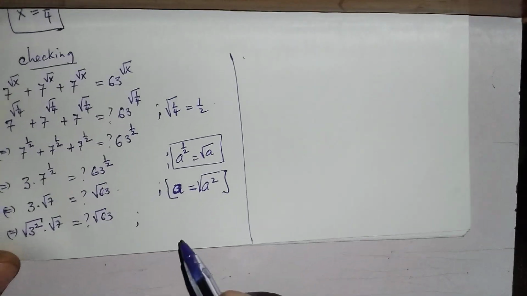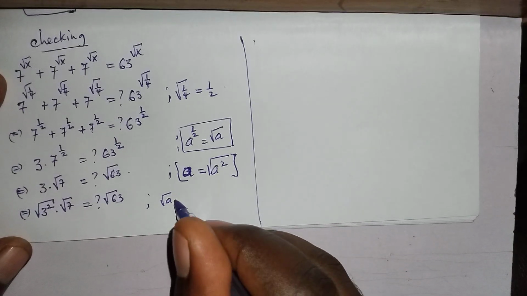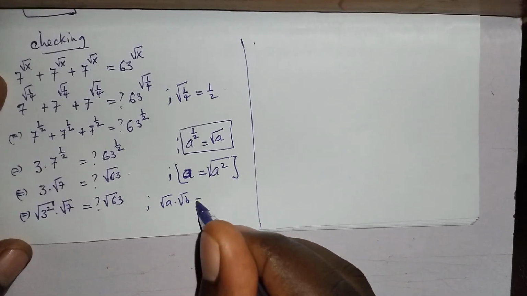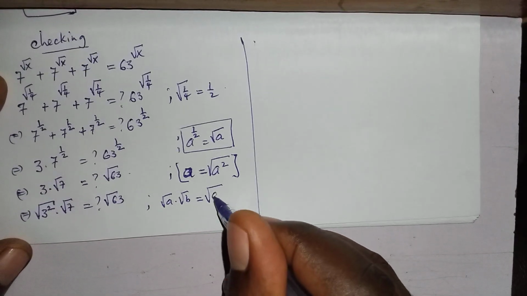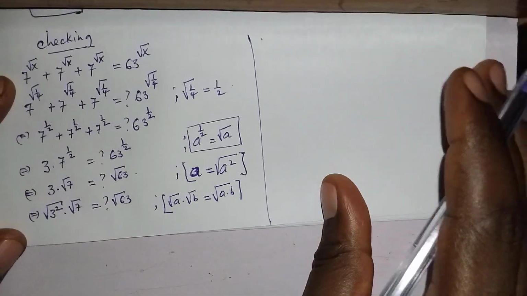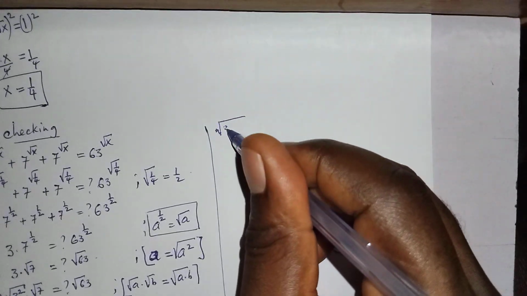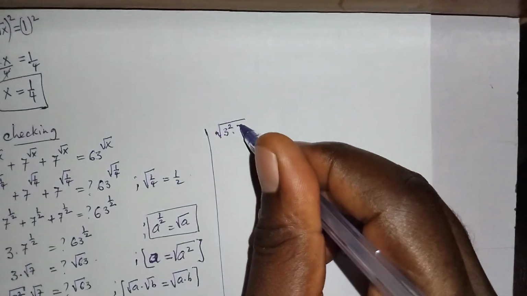And from here, when you have √a times √b, this is equal to √(a·b). So it is √(3² times 7).